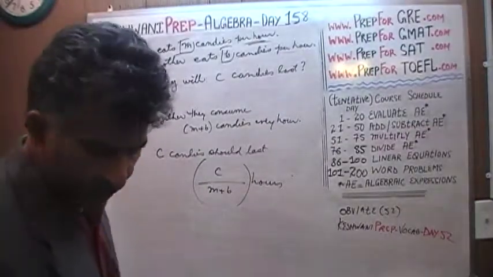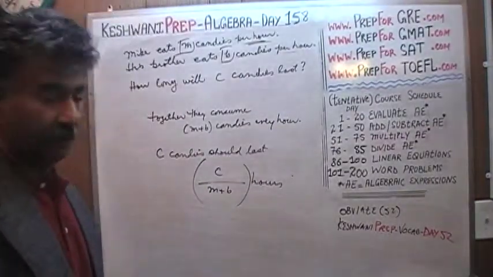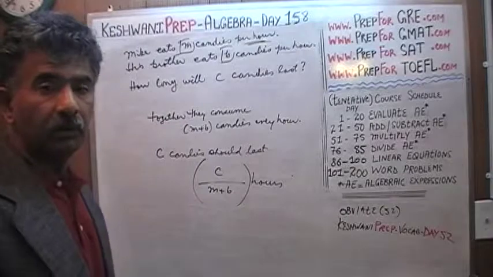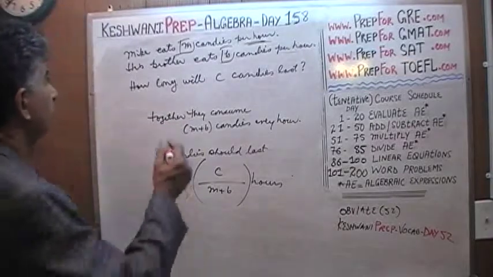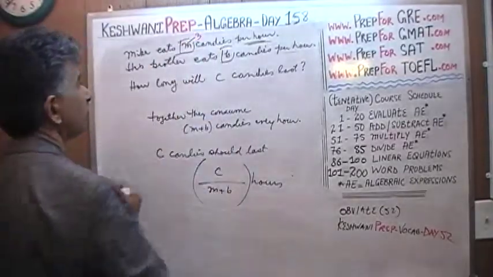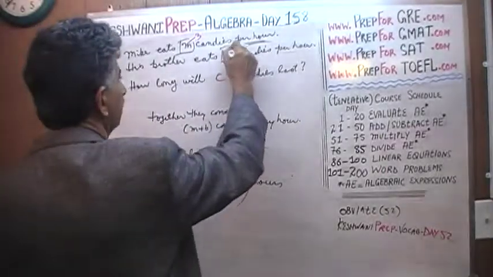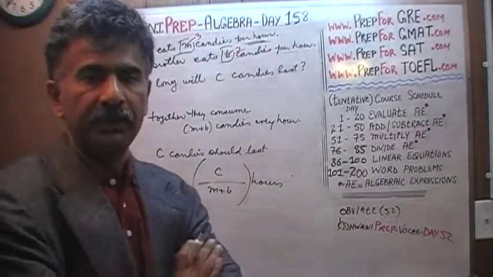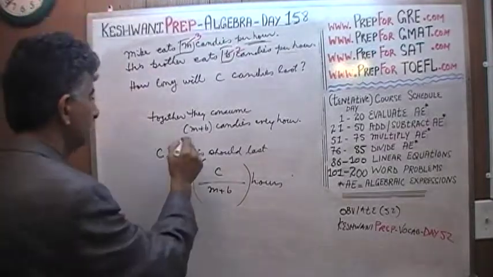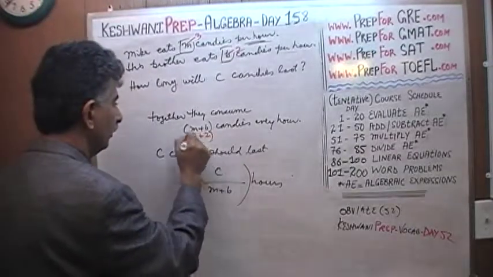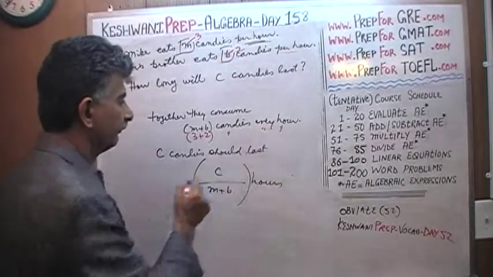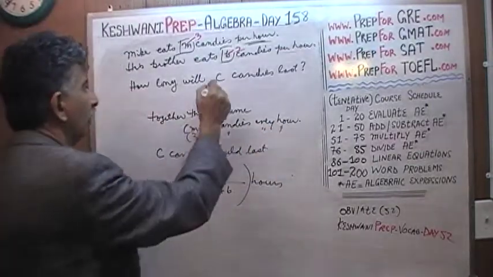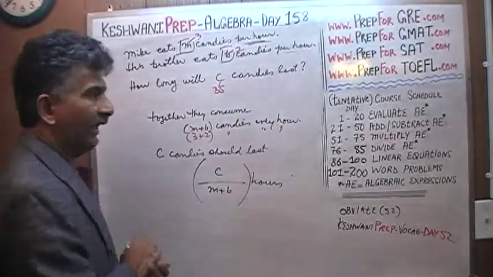And we can of course quickly verify one more time the same way as before by plugging in numbers. For example, if Mike eats 3 candies per hour, and if his brother eats 2 candies, if we were to plug in 3 and 2 for M and B, then together they consume 3 plus 2 or 5 candies every hour. How long will 35 candies last?